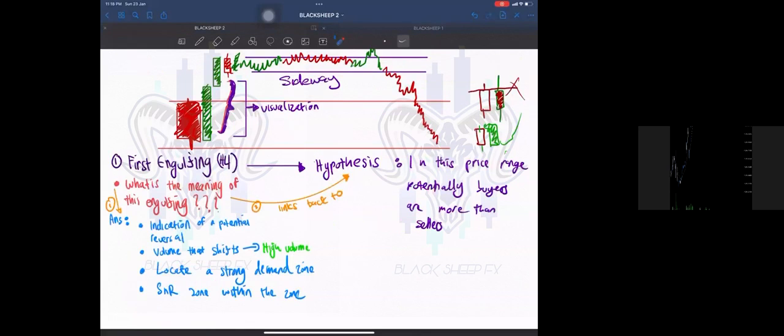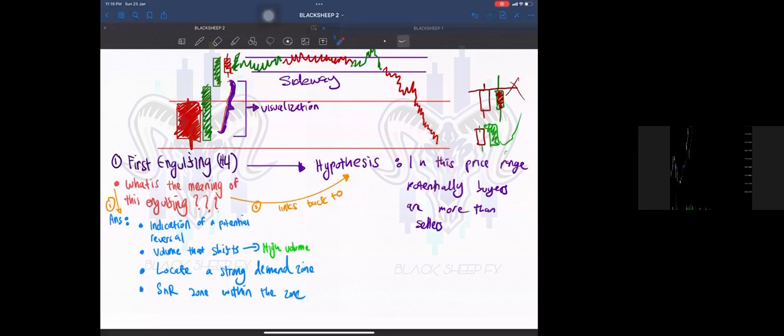We need to have a set of zone that it respects, because in this zone is where the buyers or the sellers will live. So if it starts breaking the zone, it's not respecting the ideology. So this is the constant variable. Once a zone is built, you have to respect the box. There's no such thing as if it breaks the box and then you still want to keep looking for the buy and all that stuff.